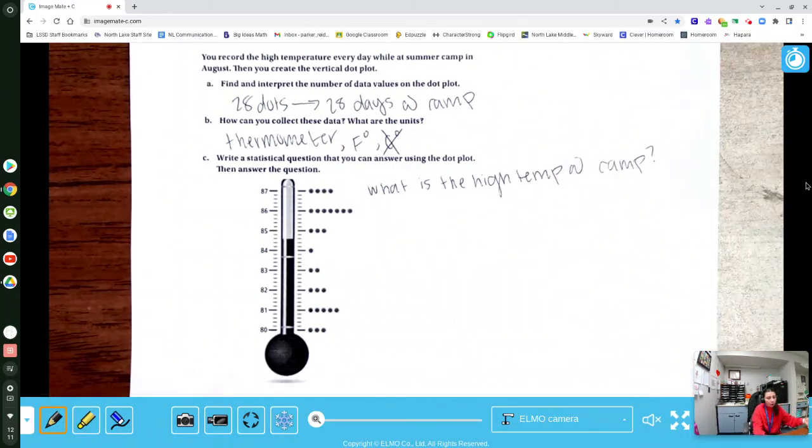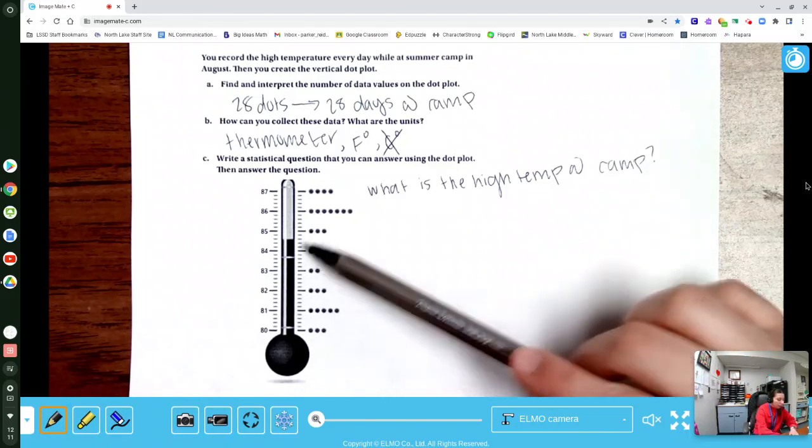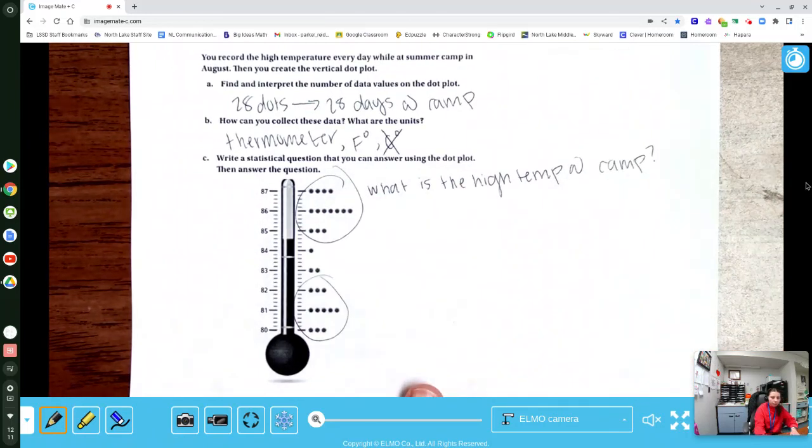Now, we know there's not one right answer. So you might be wondering, how do we answer this? Well, we answer this by looking at where most of the data tends to fall. We just want to describe most of the data. It looks like there's not a ton going on in the middle here, but I have a big cluster of data here and a big cluster of data here.